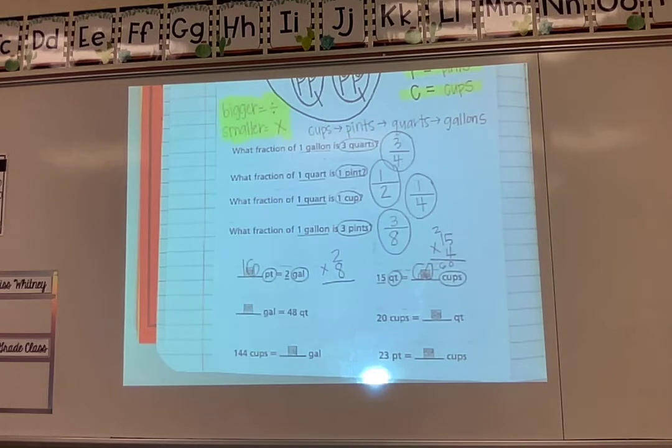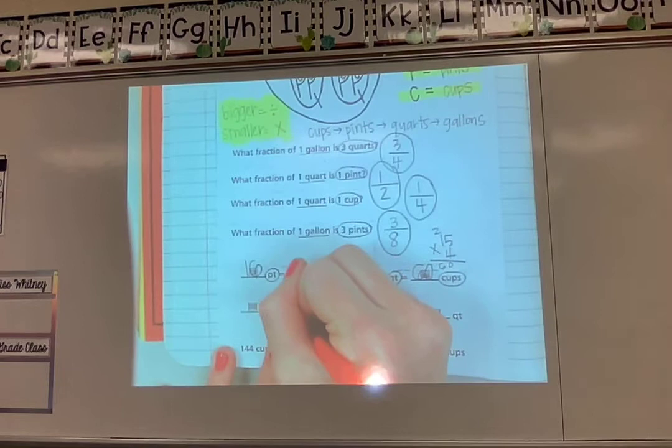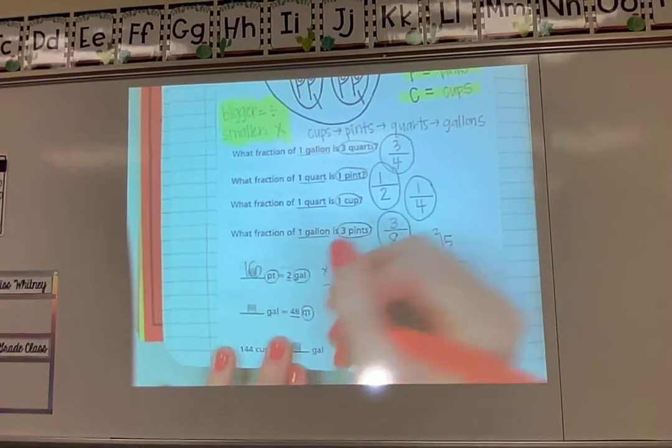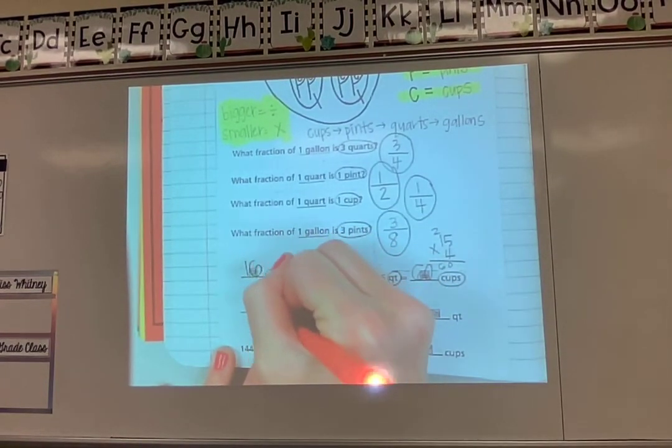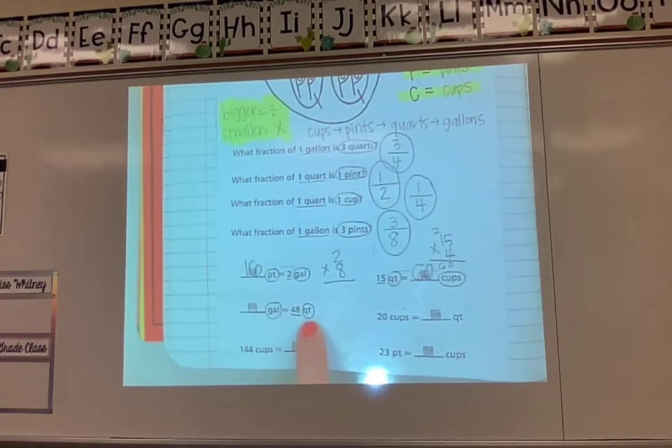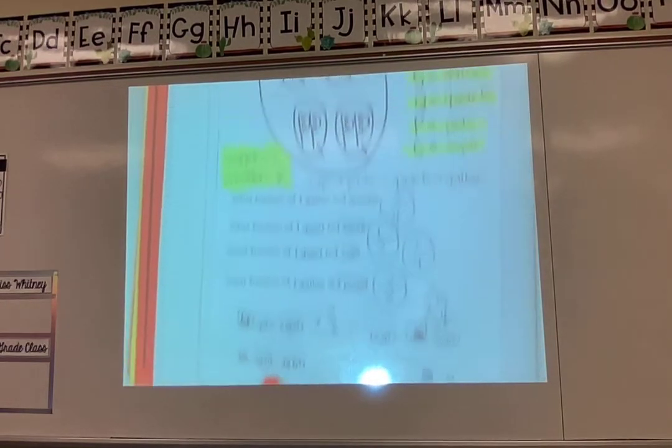All right, let's try the next one. Now remember, the next one looks a little bit funky because what I know is in the back. That's okay. I still do the same thing. I have 48 quarts, and they are converting to gallons. So I'm going from quarts to gallons.